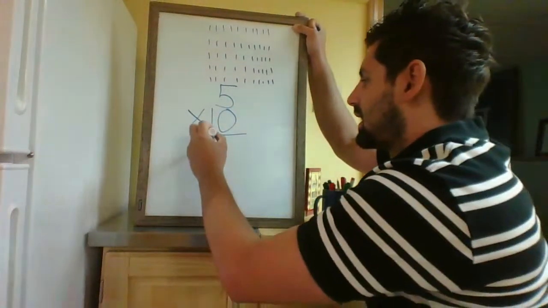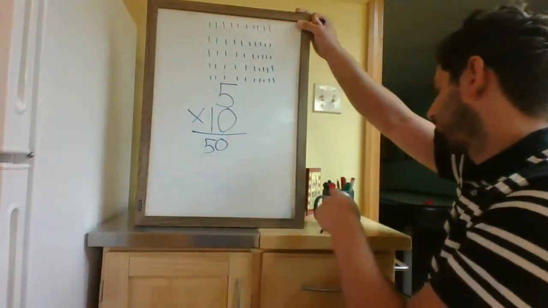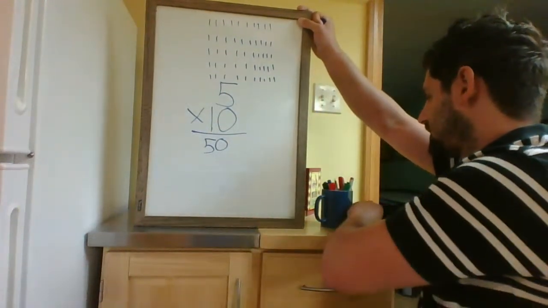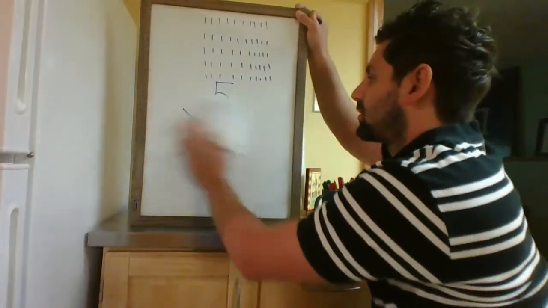So 5 times 10 equals 50. So that's one way you can go about solving the multiplication problem.